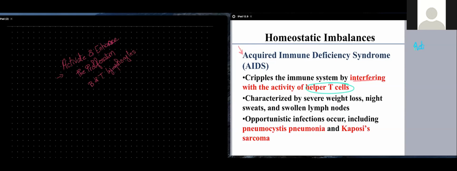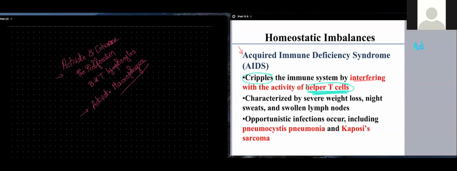Also, they were responsible to activate the macrophages. So, keeping this in the back of my mind, I can understand why the immune system is going to be crippled, because every single part of the immunity is going to be affected by having defective helper T lymphocytes.